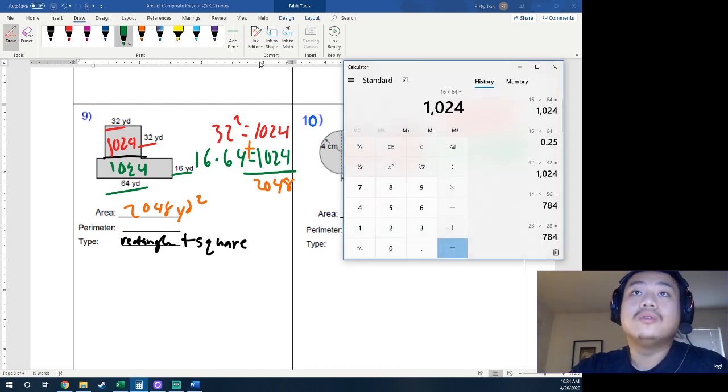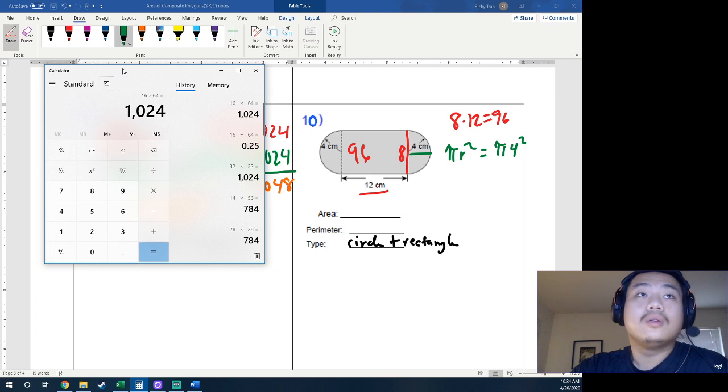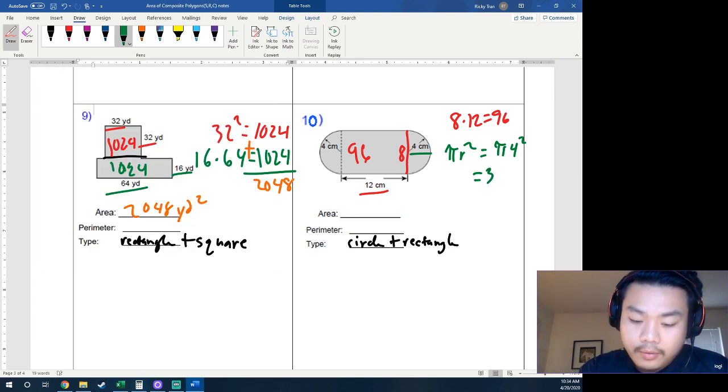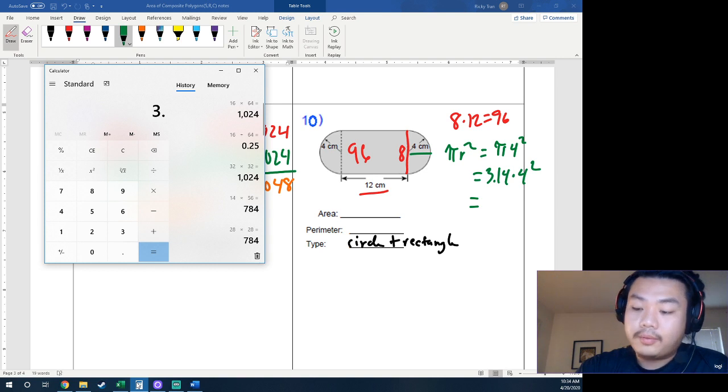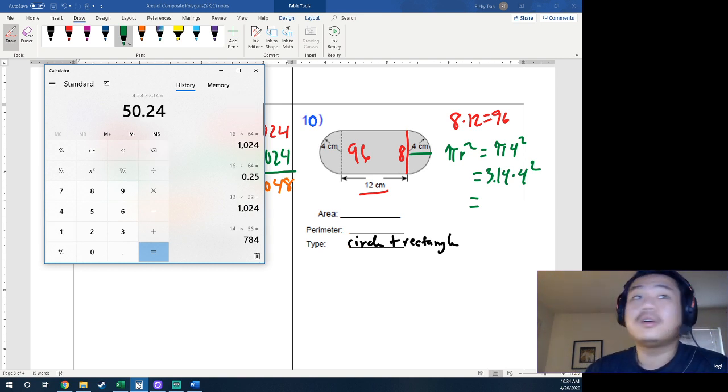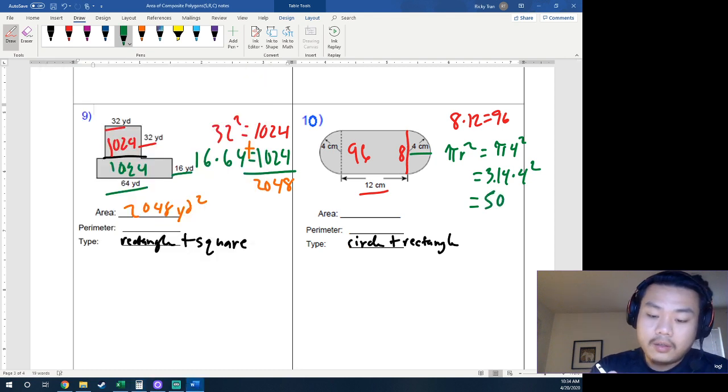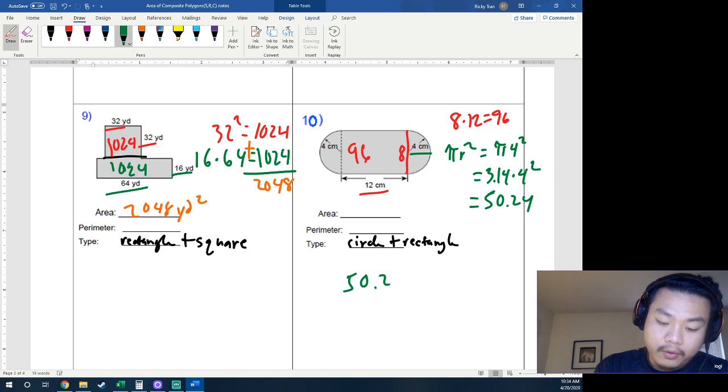So 3.14 times 4 squared is 50.24, and then we add 50.24 plus 96.